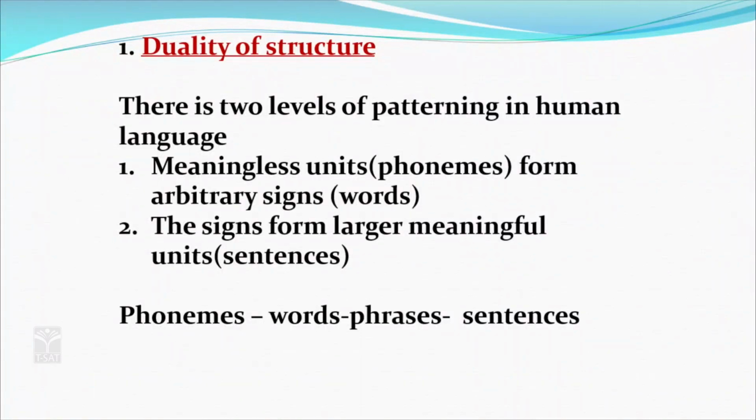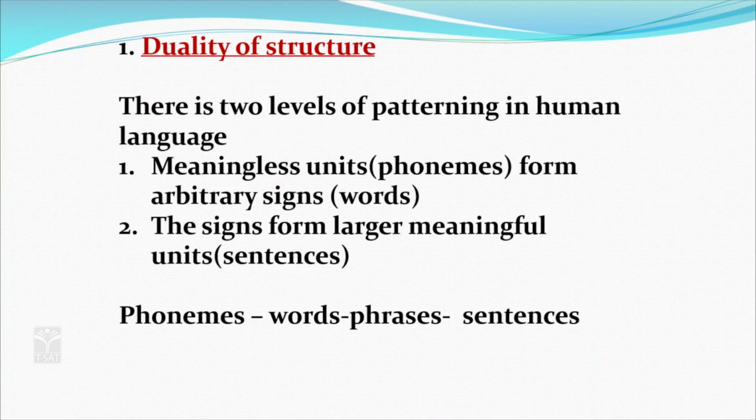Duality of structure means there are two levels of patterning in human language. Meaningless units, which are phonemes, form arbitrary signs, words, and the signs form larger meaningful units which are sentences. So, the structure is observed at two levels.